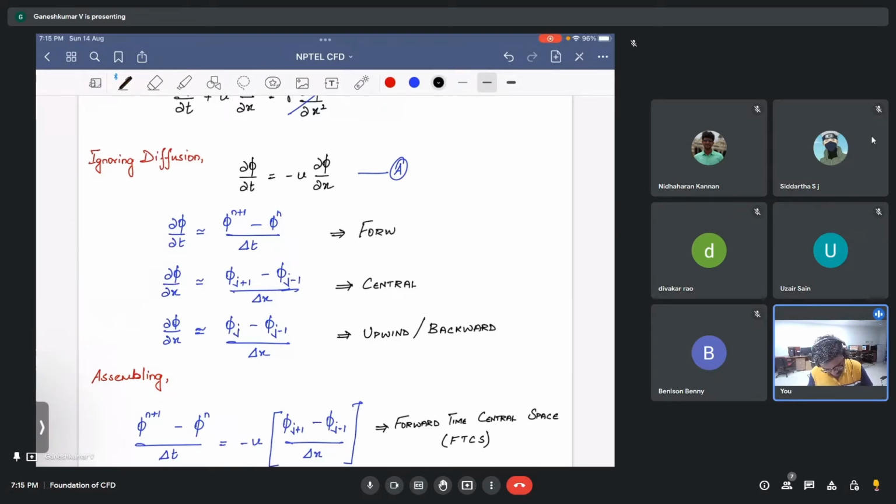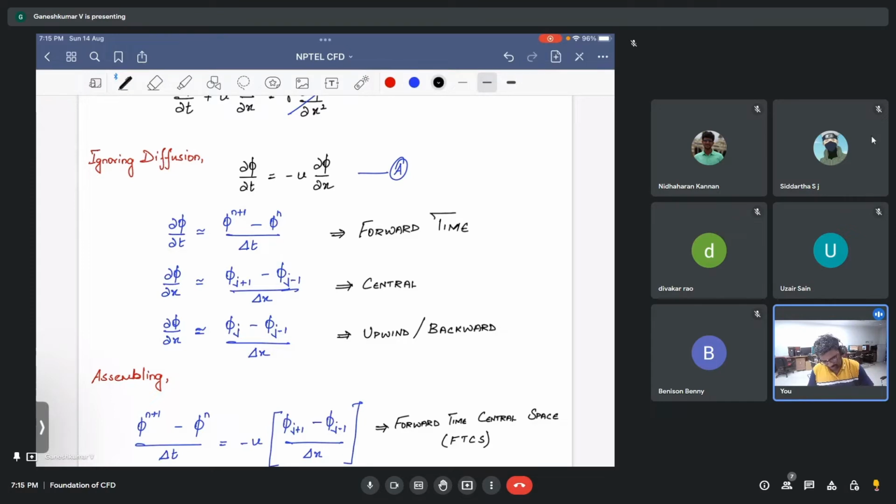Why we say forward time is that we are marching in time. From the initial condition, we go to the next time step. So it is forward in time, like forward in space. Like we have forward, central, and backward schemes; similarly in time, it is forward in time.